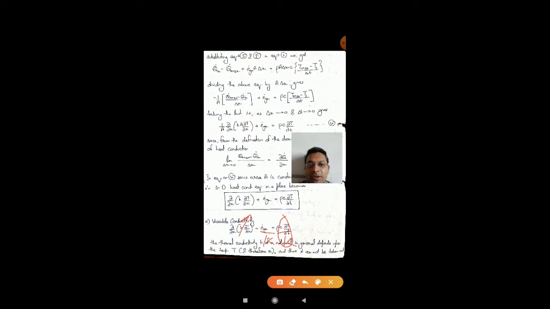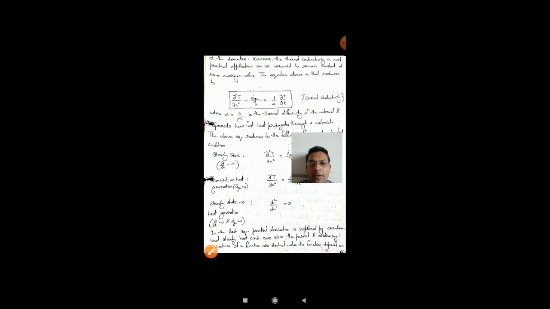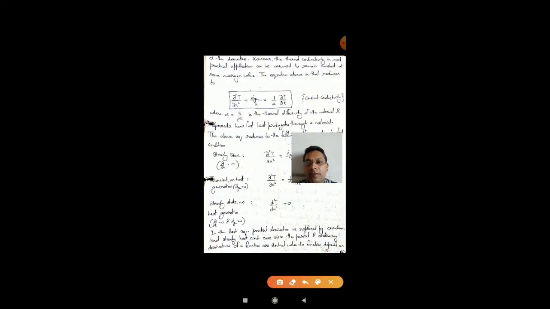Since K is removed from here, this may be written as del square T over del x square. This is the reduced format, where alpha is equal to K upon rho C, the thermal diffusivity of the material.